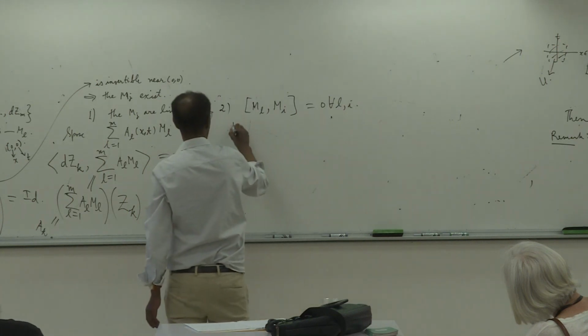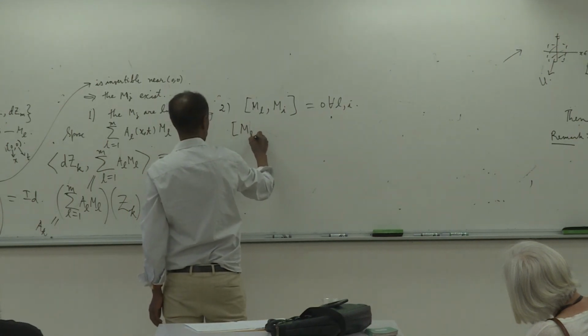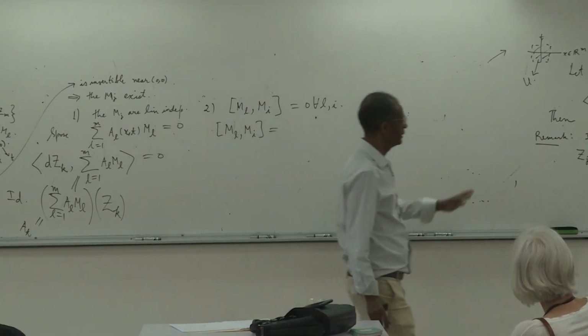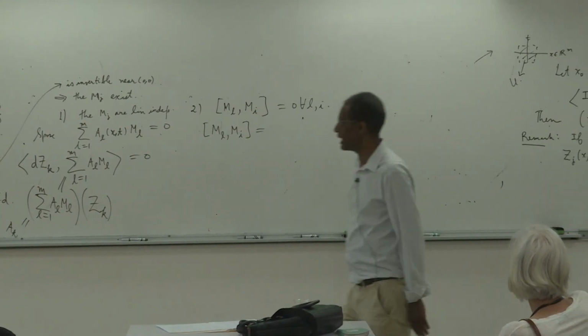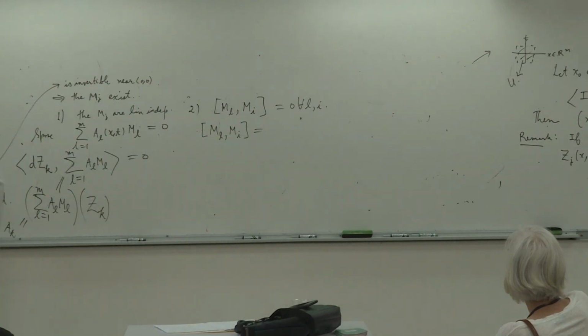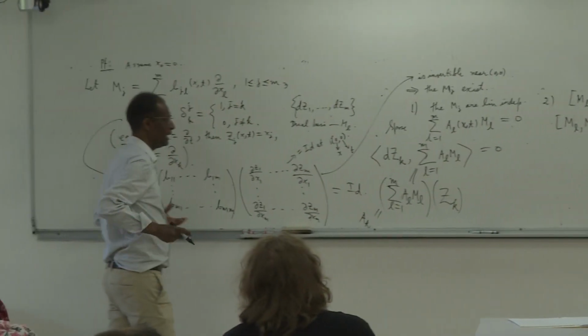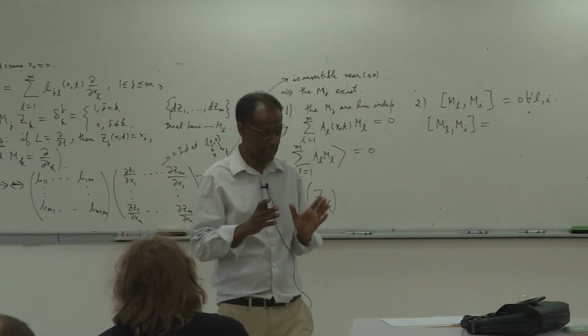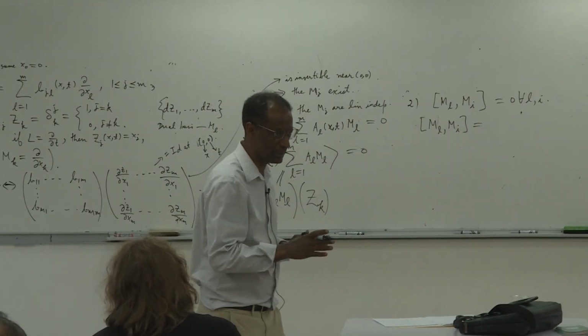Well, to prove this, this is a vector field. Any vector field can now be written using the mi and d by dt.